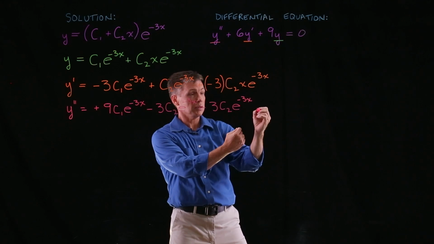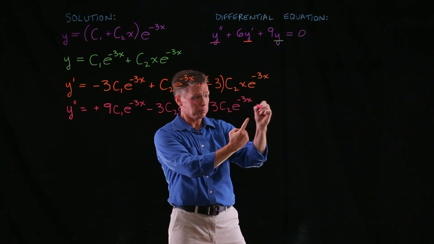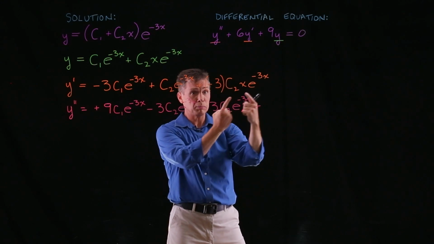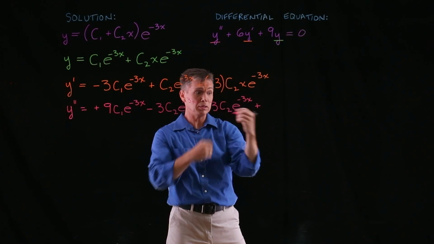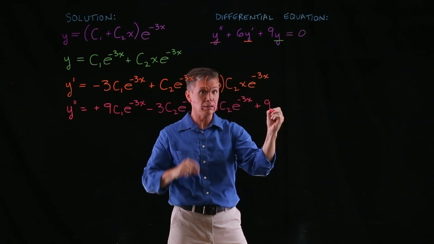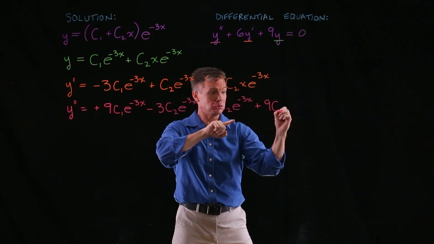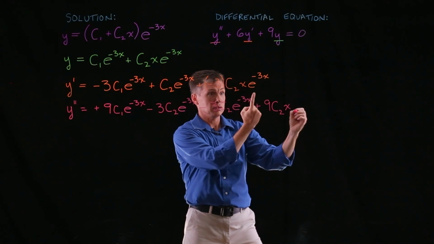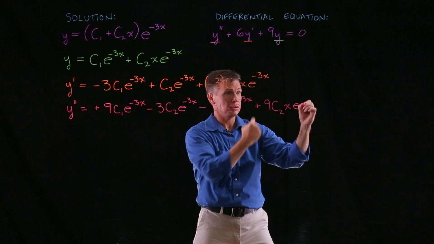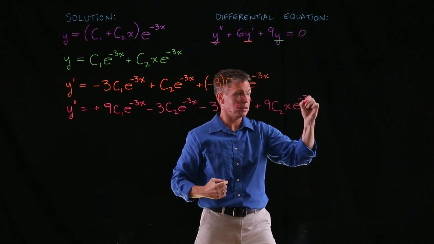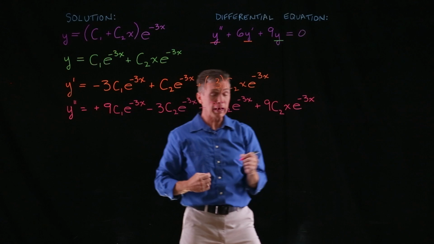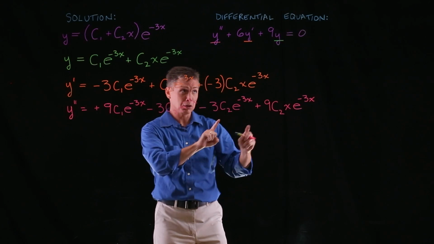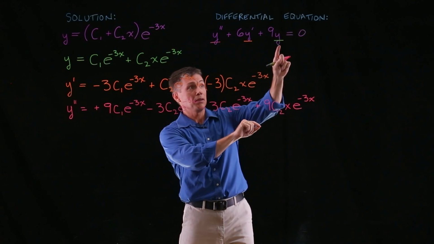And then plus, now I'm doing the derivative of the second, so the minus 3 would come out in front, and there is a minus 3, so that'll be plus 9 C sub 2, and the x is still there. That's me leaving that alone, and the derivative of this guy still has itself in there, and I'm looking at that. Okay? All right, there's my derivatives.